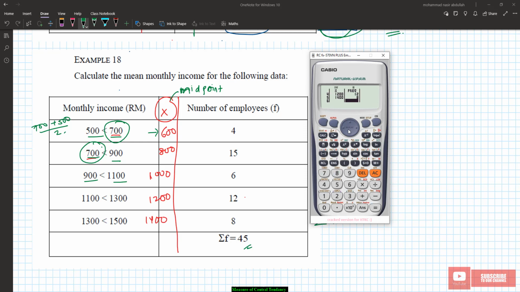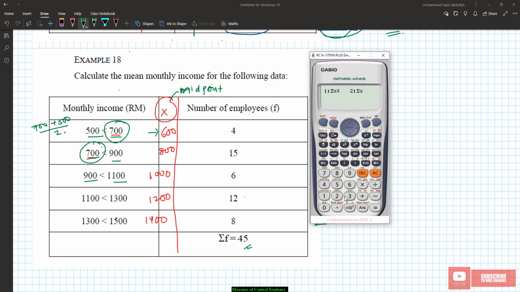Once you have input all the values, listen carefully, click AC and click on Shift 1. Then you will get Type, Data, Sum, Variance, Distribution, Minimum, Maximum. Click on Sum, number 3, and you will find summation of x. In this case, summation of x represents summation of fx.